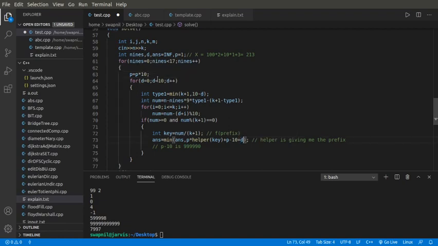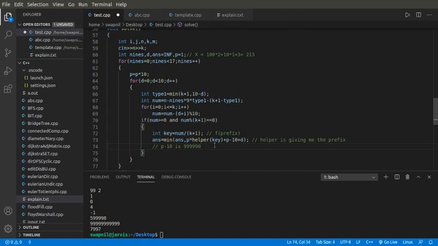And when the number of nines is, let's suppose 1, then p will be 100, and 100 minus 10 will be 90, and 90 plus d will be 9d, right? And 9d plus the prefix which is raised to some power. So this particular expression is forming my x, and I am basically finding the minimum possible x which is required in my answer.